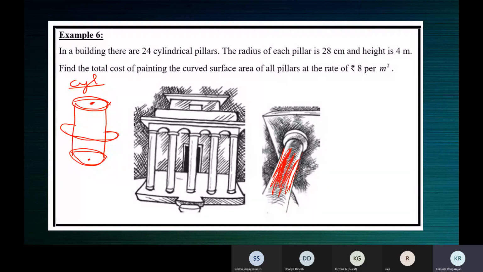Curved surface area is the area not including the top and the bottom. The top of the cylinder is a circle. The bottom of the cylinder is also a circle. The two circles are congruent circles. They are identical circles.